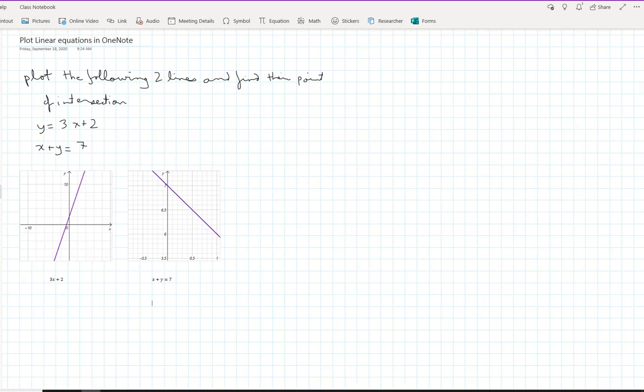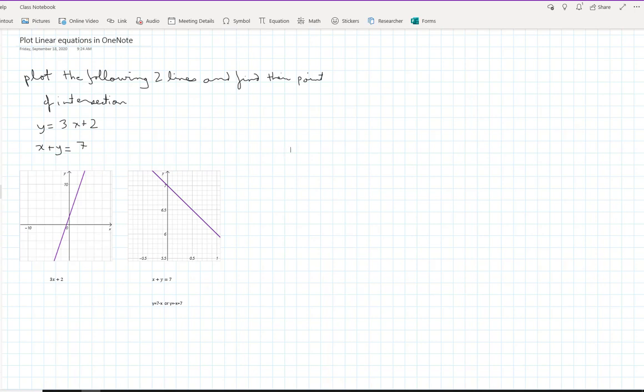In this case, we can see that we have y equals 7 minus x, or y equals -x plus 7. So I'm just going to change that from the capital. So this is what we're going to plot. Let's say we wanted to plot these two lines on the same axis and, without doing all the algebra, find the point of intersection.